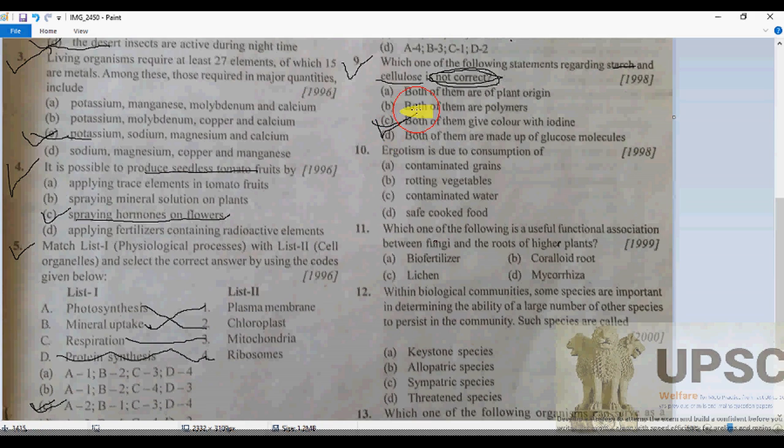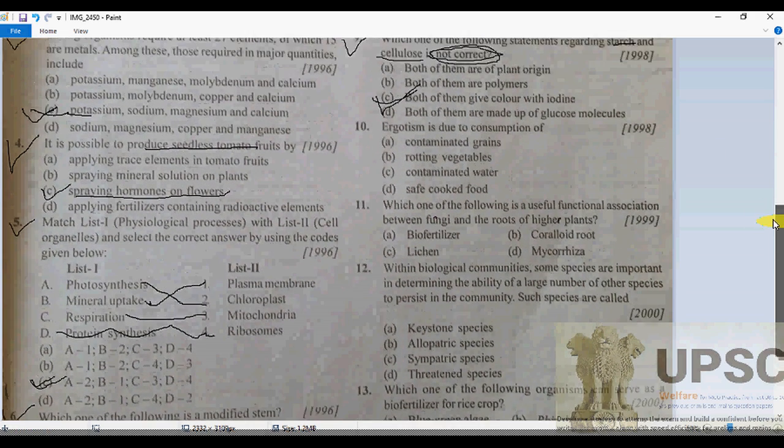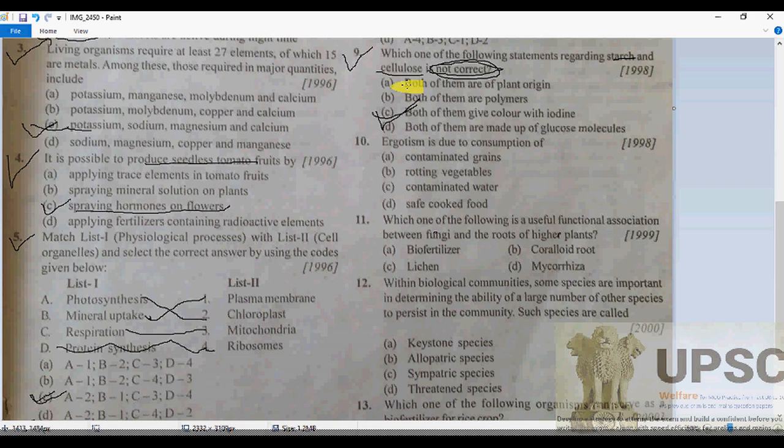So C will be the incorrect statement. And definitely I can say both of them are of plant origin, both of them are polymers, and both of them are made of glucose molecules. This is also a correct statement, this is also a correct statement, but this one is absolutely wrong. So definitely we will go for 9 being C.